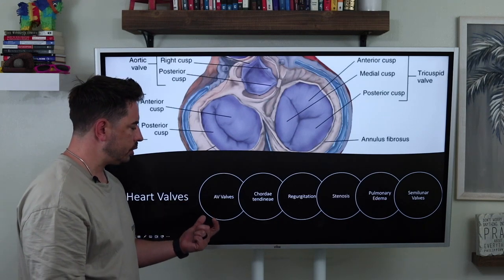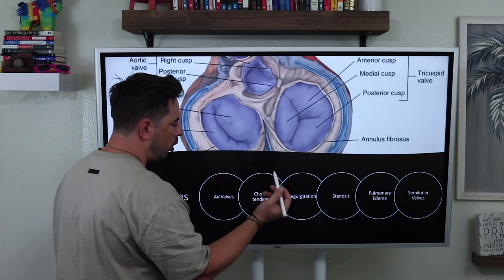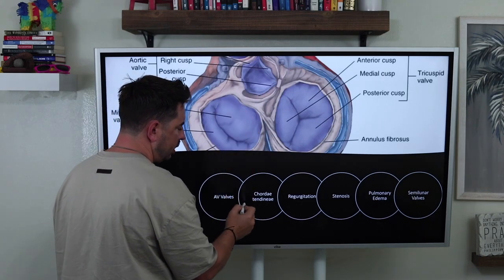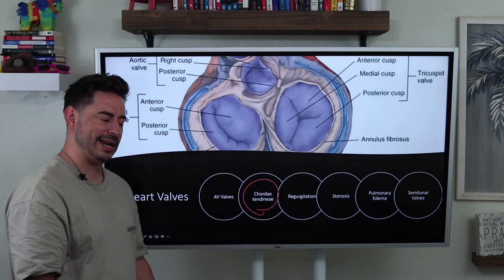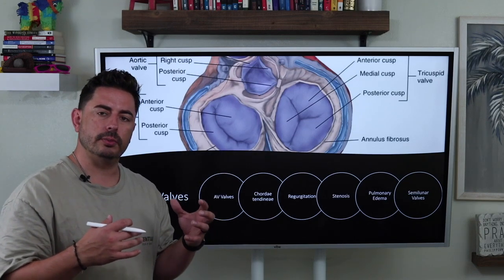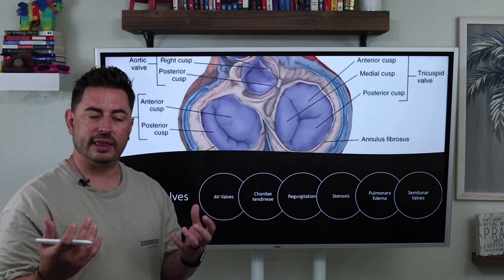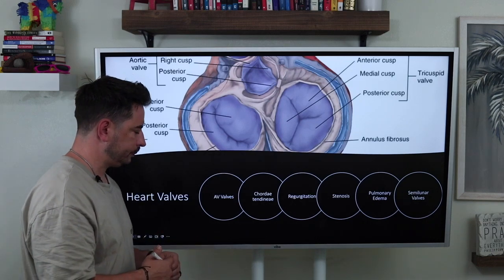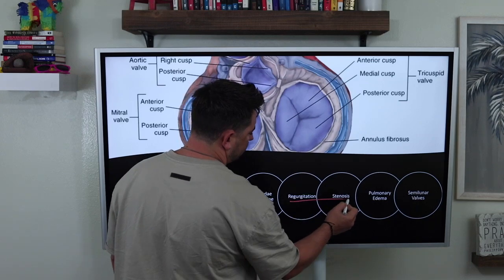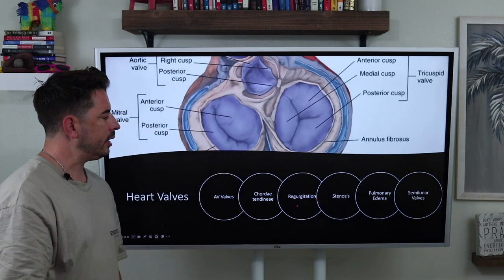Now, the structures that connect the heart wall to the valves themselves are called chordae tendineae. The chordae tendineae are what the valves are anchored to between the valve and the cardiac walls. And we can have 2 different types of complications with these valves.